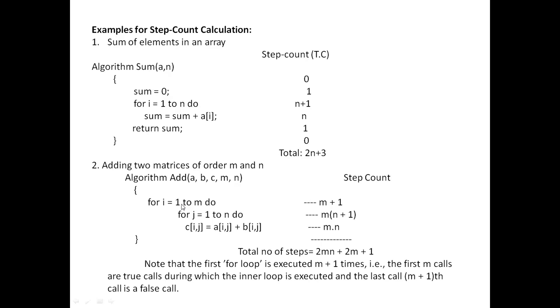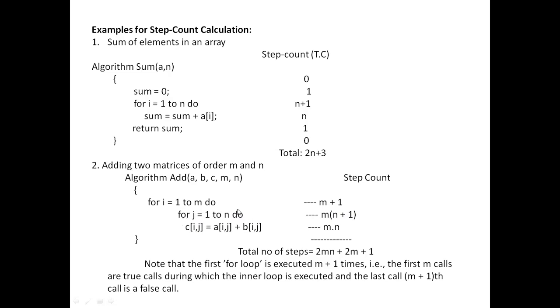Based on the rule given, the step count for this loop is m plus 1. For j equal to 1 to n. For every value of i, the j loop is executed, and for this j loop itself, it is n plus 1 because the condition fails only when j is equal to n plus 1. So it is n plus 1.